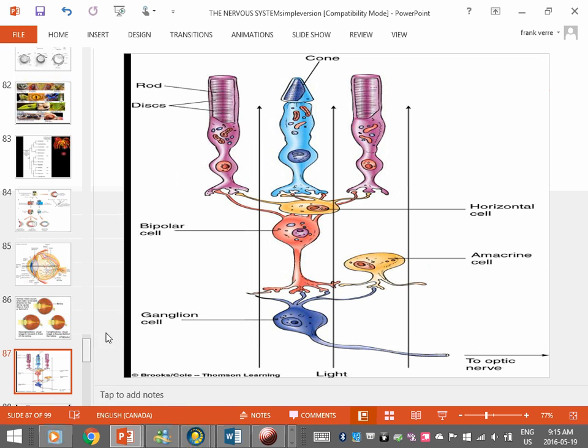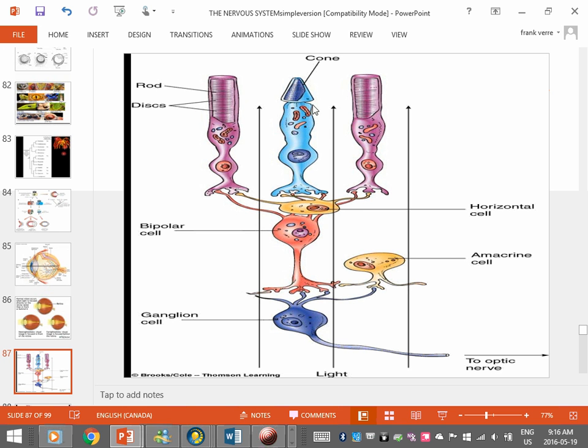So here's the setup for vision. Okay. These are your photoreceptors. These are cone cells. These are the ones that allow you to detect color, like red, green, and blue. These are tuned to color.